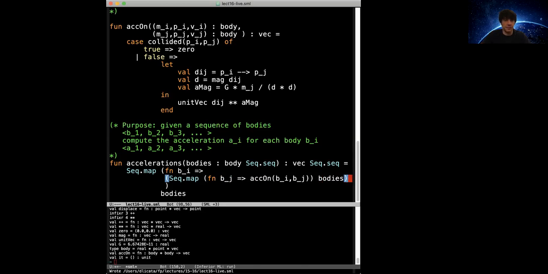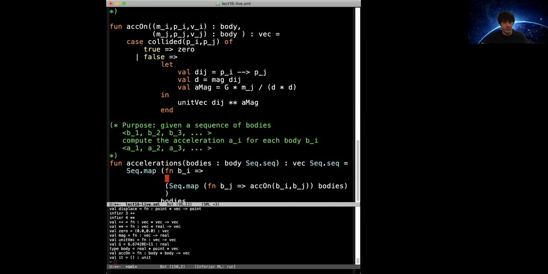So for every body Bi, for every other body Bj, I compute the acceleration on the first one due to the second one. And then what I need to do is add that all up. Well, how do I add up a bunch of things?